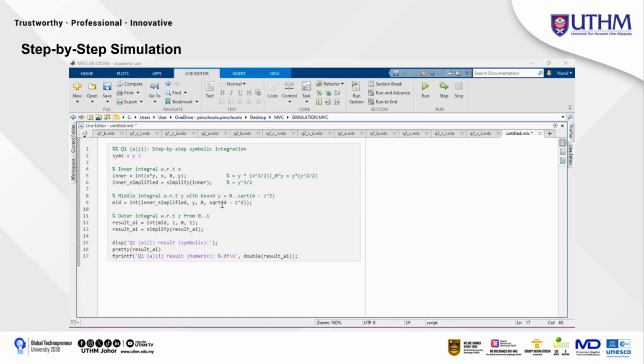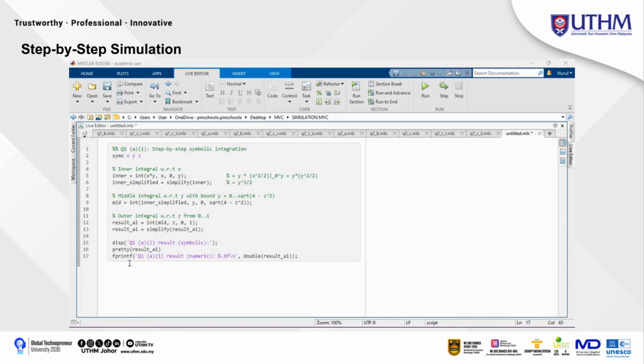This step incorporates the geometry of the region since the upper bound depends on z. So for the result, finally we integrate with respect to z from 0 to 1. This completes the triple integral. MATLAB simplifies the result to give us the exact symbolic answer.